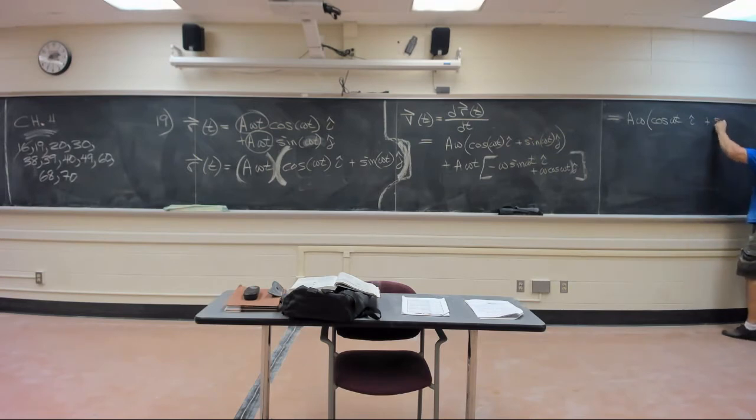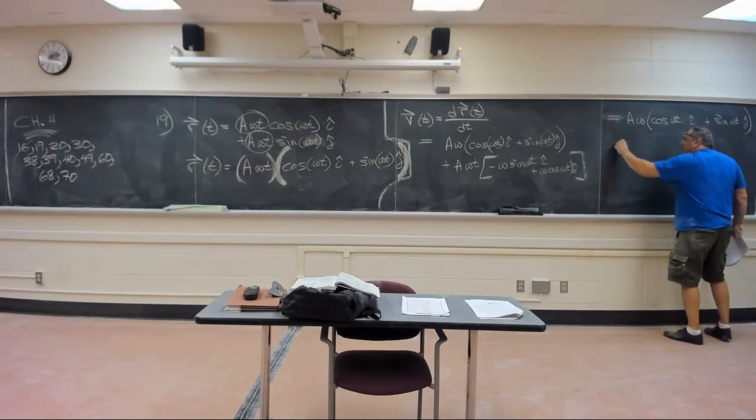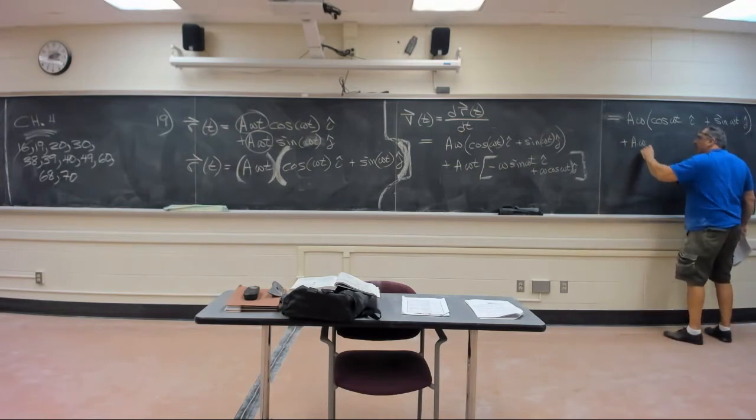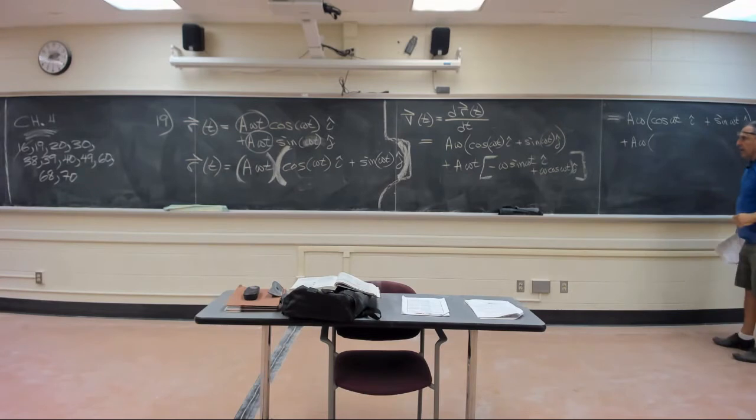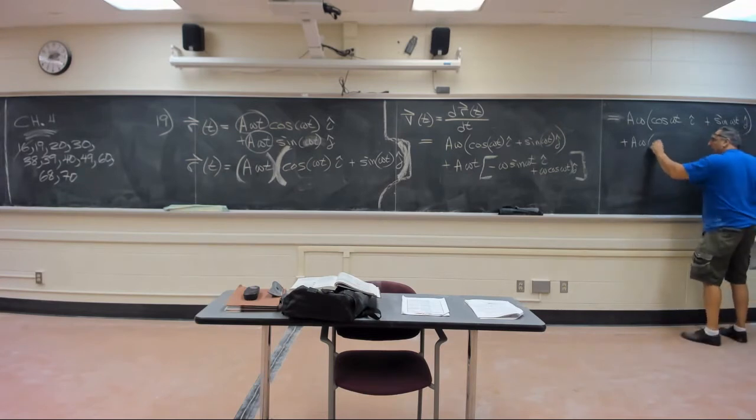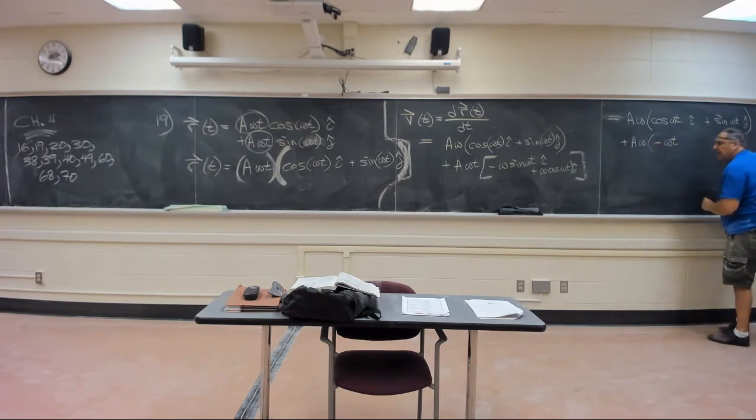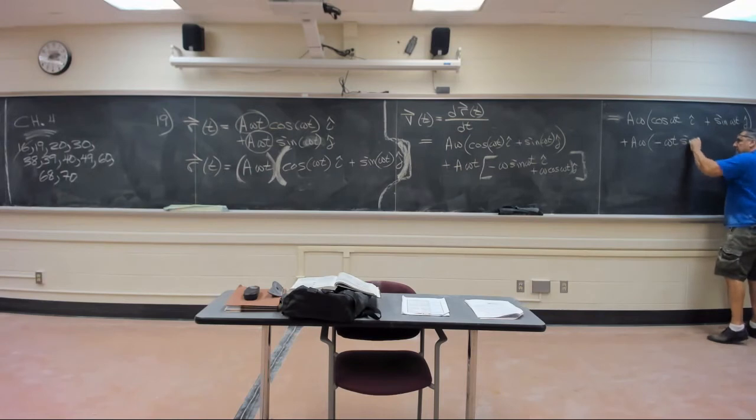Plus sine omega t, j, plus omega, let me see, negative omega t sine omega t. I'll just bring the t inside on both of these.